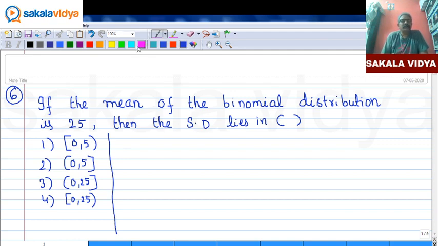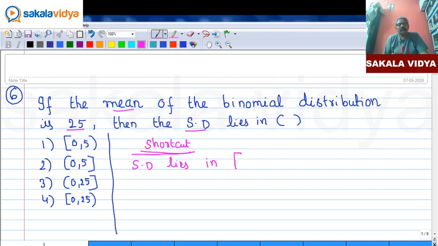So now the mean of the binomial distribution is 25, then SD lies in. So a shortcut, or tip you can say instead of shortcut: standard deviation lies in closed 0 to root mu, where mu is the mean.